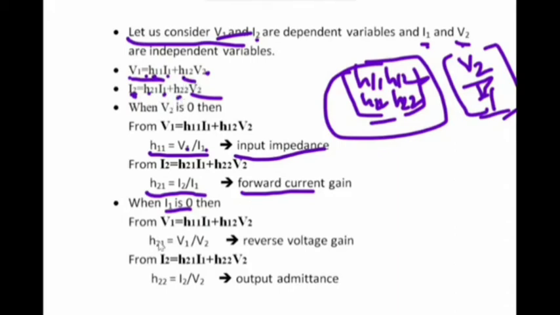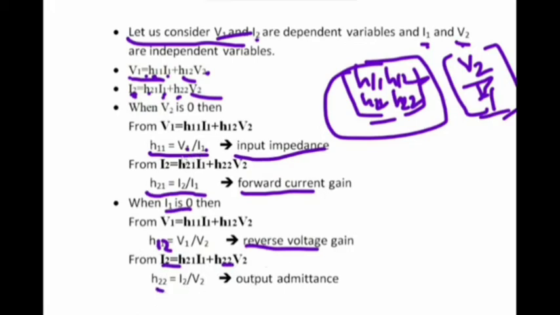So H12 will be V1 by V2. We can remember the equation of voltage gain, V2 by V1, that is output voltage by input voltage, which is the actual voltage gain, but this is in the reverse direction. So we have termed this as reverse voltage gain, and from the second equation we can find H22, that is H22 is equal to I2 by V2.